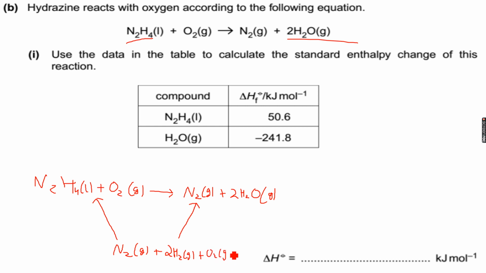So these are the elements that are involved in all of these. So this is what we have to calculate. This is delta H naught R. This is what we have to calculate.